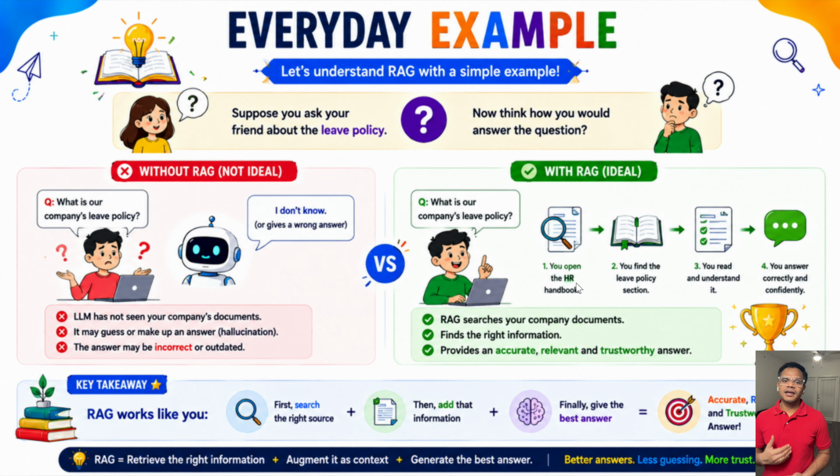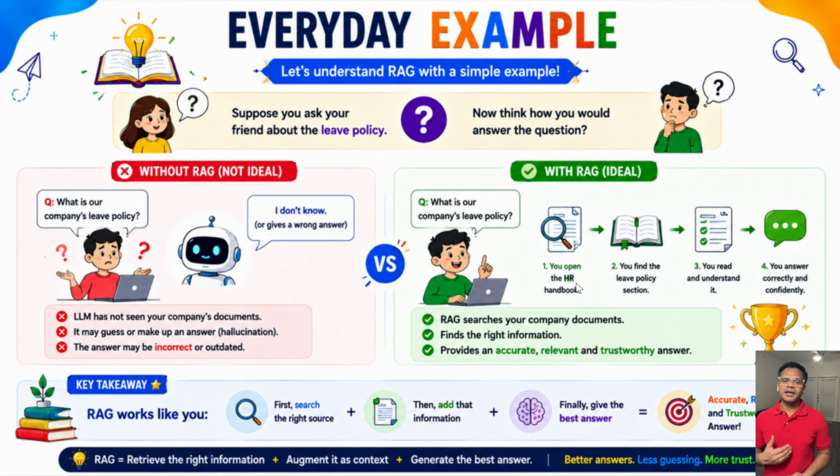This gives the AI everything it needs to answer correctly. Next, generation means creating the final response. Now the AI combines the user's question with the retrieved information and generates a natural, human-like answer. So remember the simple sequence: retrieval, augmented, and generation.